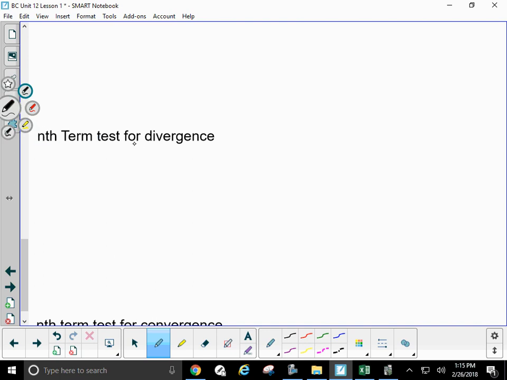So this is called the nth term test for divergence. That if your terms do not approach 0, you'll be continuously adding a number. Your partial sums will continue to increase. It will not be approaching a nice little horizontal asymptote.